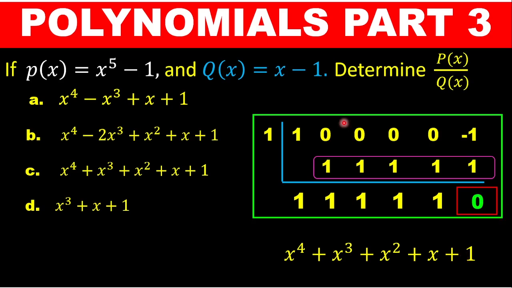And so when you divide p of x by q of x, the answer is going to be x to the power 4 plus x cubed plus x squared plus x plus 1. And so we go to the possible answers and see which of these actually matches this.